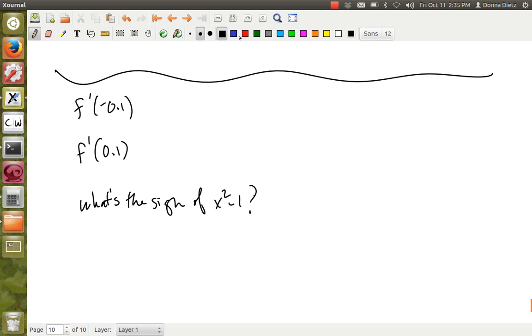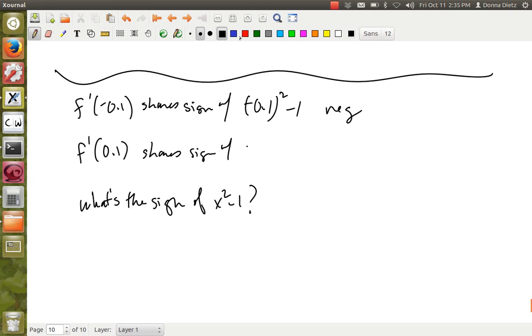Well, let's see. It's not equals anymore. It shares a sign with x squared minus 1. So actually it's going to be negative. And this guy also shares the sign with x squared minus 1, and it's also going to be negative.